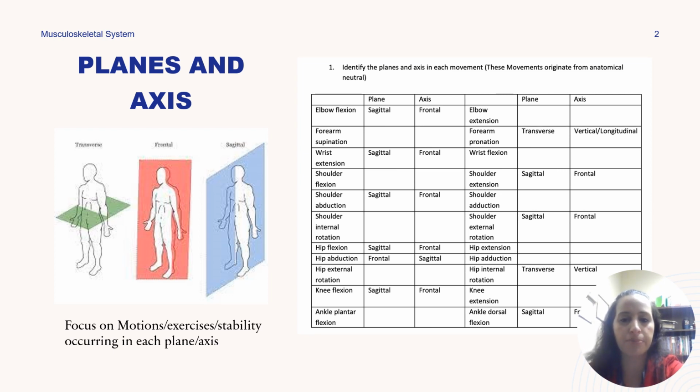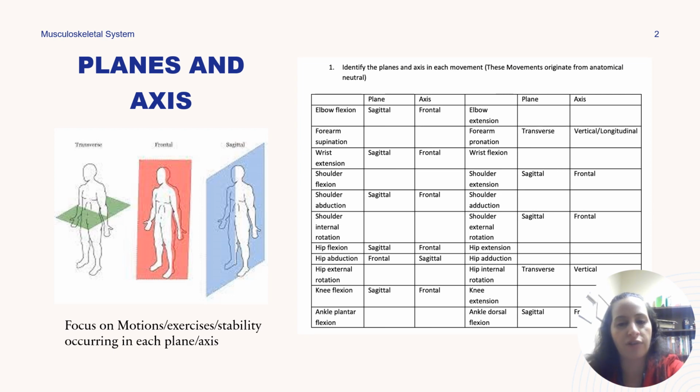So you really want to make sure that you focus on what motions occur in the planes and or axes, which you should know how they relate, or what exercises can be done. If they put it in the form of motion or they put it in the form of exercise, you should still know. And so some examples are there in the chart.